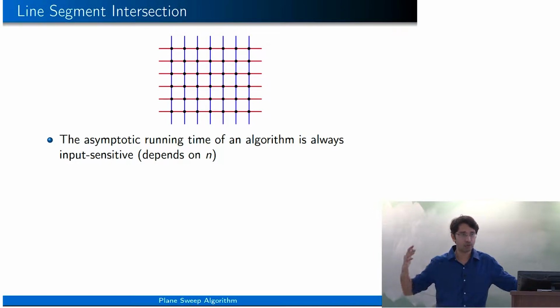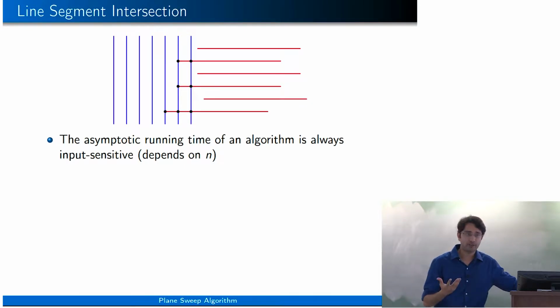Right? That is how we are taught, right? But is it necessary that we have to measure the runtime of the algorithm in terms of input size?